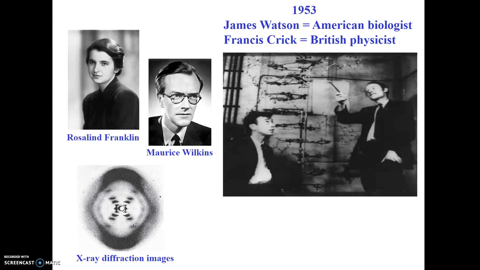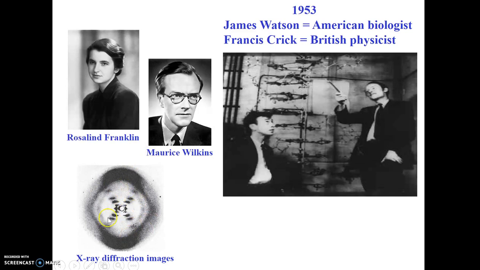And then through some work and pictures taken by, I did put Rosalind Franklin here and Maurice Wilkins, because these two were involved in actually helping get some of our first photographs of DNA through a method called X-ray diffraction.